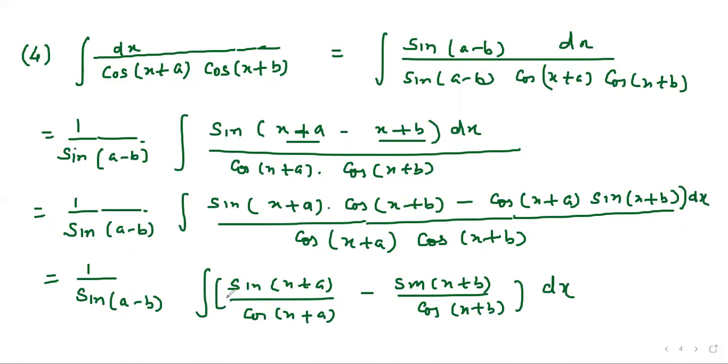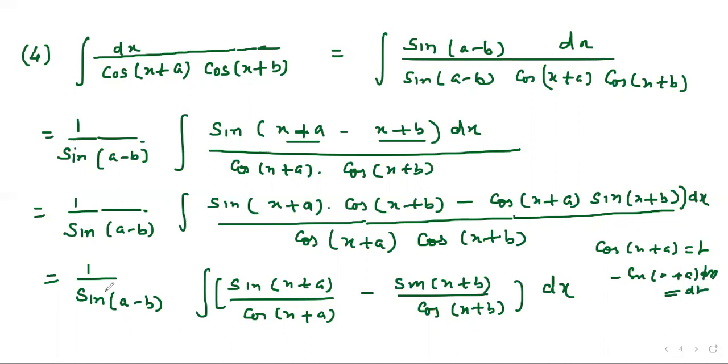Here, if we take this cos(x+a) as t, suppose we write cos(x+a) equal to t, then −sin(x+a) dx equals dt.